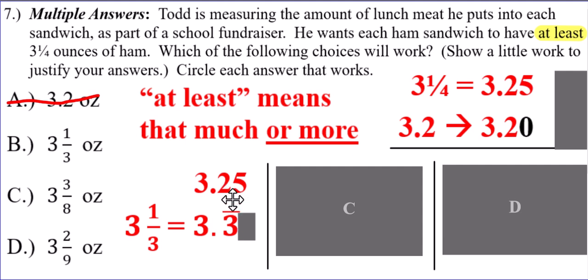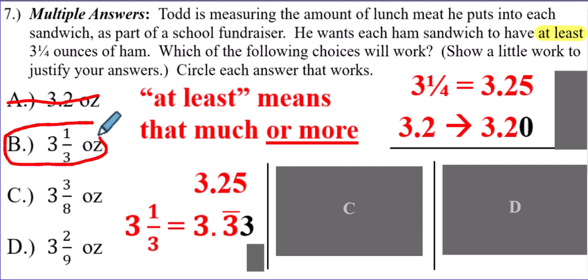Is that bigger than 3.25? Well, 3/10 is bigger than 2/10, but if you weren't convinced, you could have written another 3 because it's a repeating 3. 33/100 is bigger than 25/100. So choice B is one correct answer.